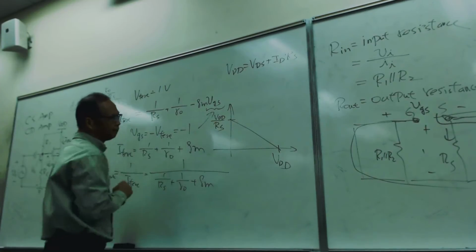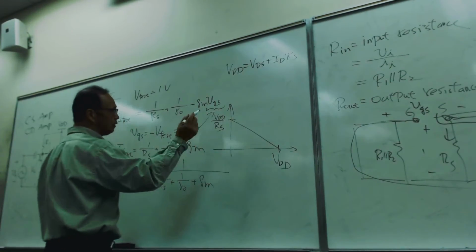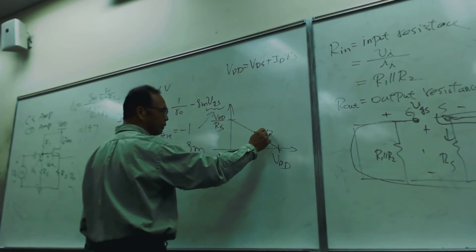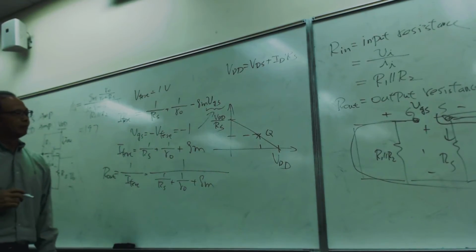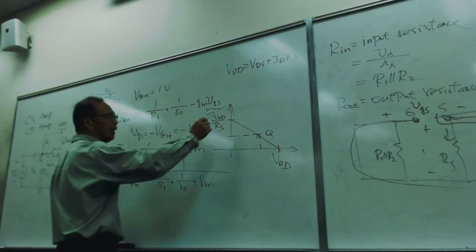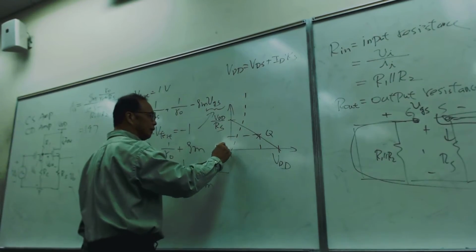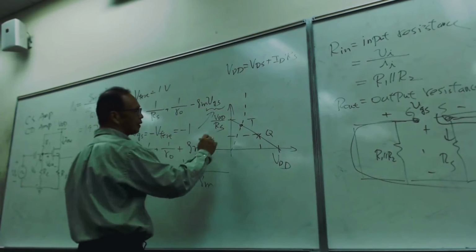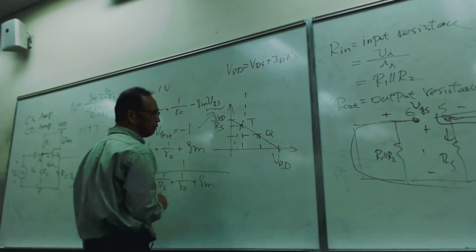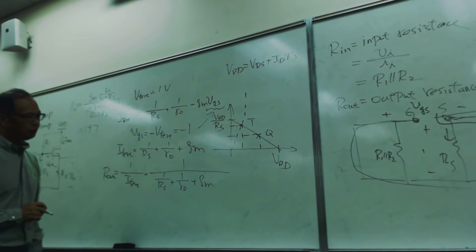The Q point is somewhere here, and then you have the T point. So there's IDQ and there's VDSQ.